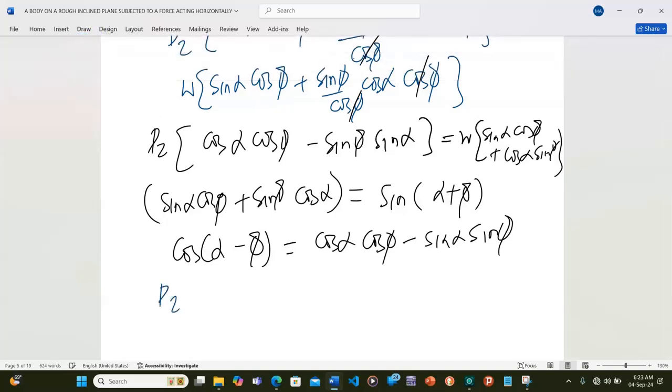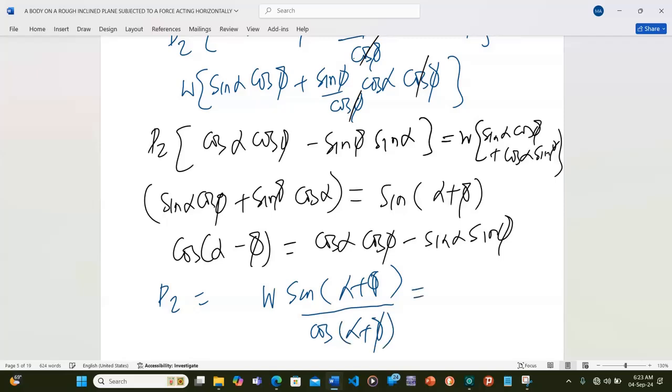Our P2 therefore will equal W sine of alpha plus phi divided by cos of alpha plus phi, and this will obviously give you W tan of alpha plus phi.